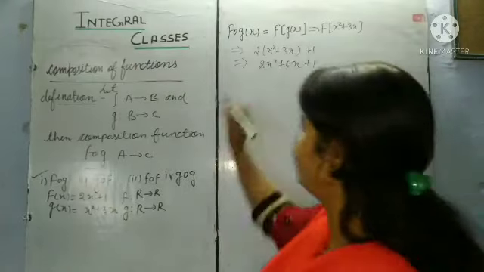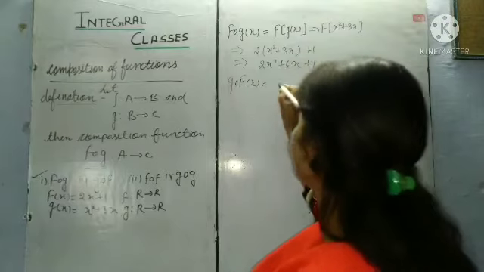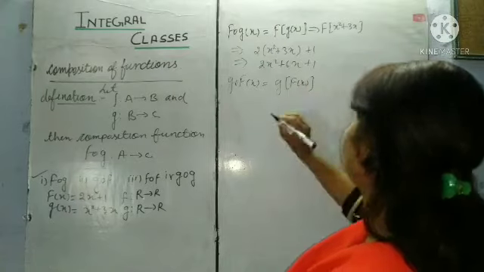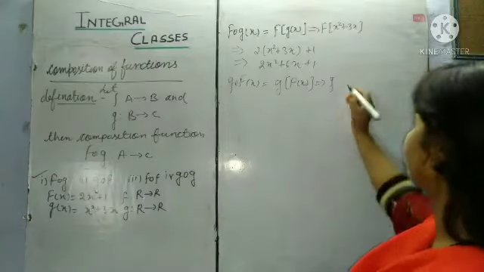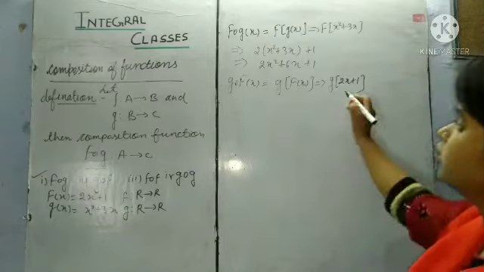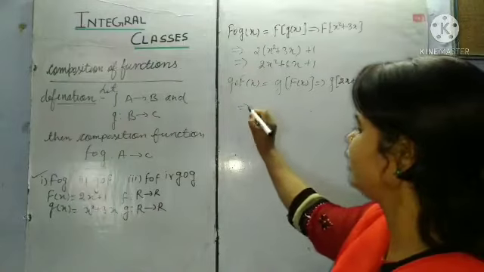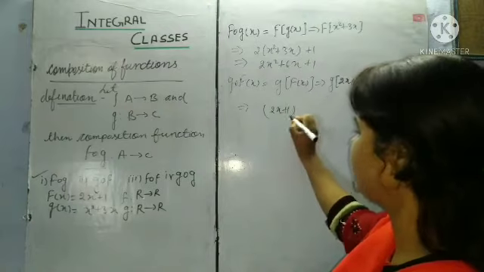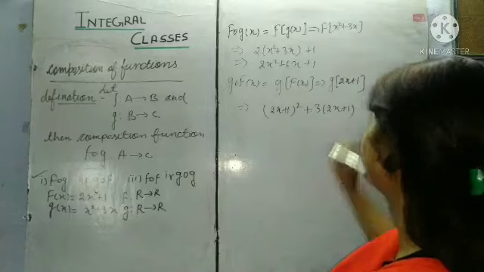Now second, we will find gof(x). We write g(f(x)). Now put the value of f(x), which is given as 2x + 1. We replace x by 2x + 1. Then we get (2x + 1)² + 3(2x + 1).